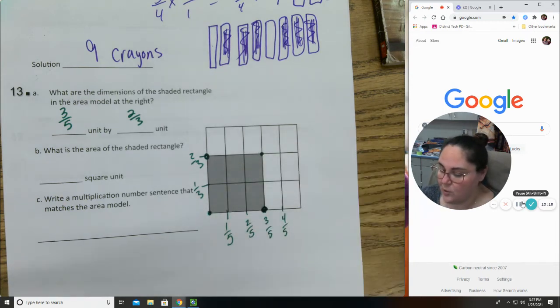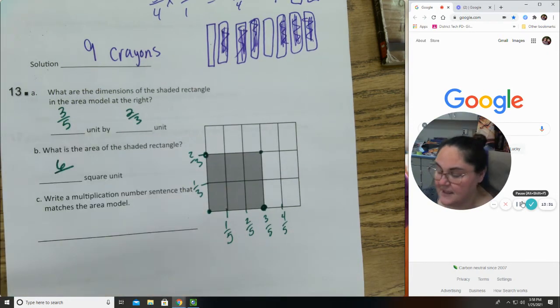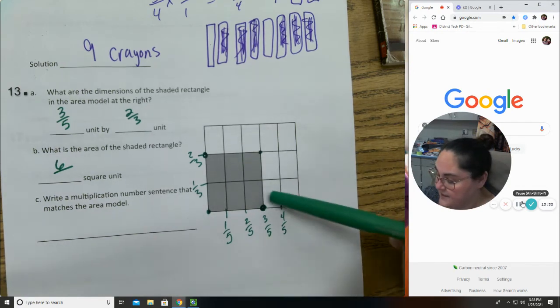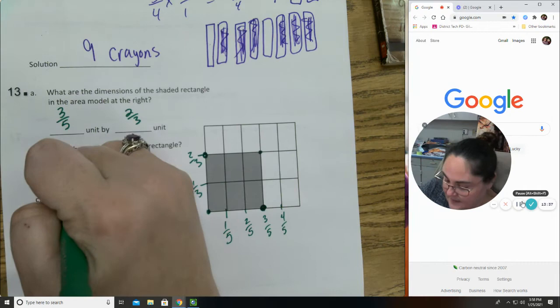So what is my total area of the shaded part of this rectangle? All right, well, there are 6 pieces shaded, and there are 7, 8, 9, 10, 11, 12, 13, 14, 15 total pieces.